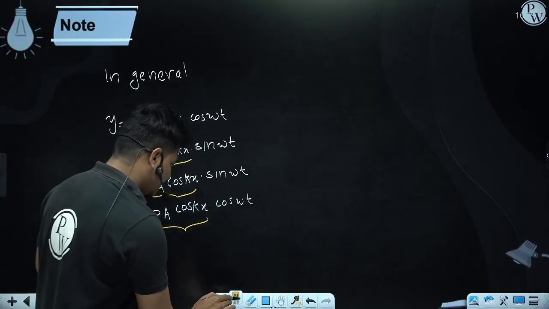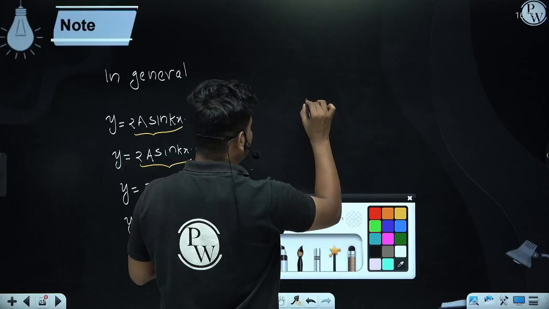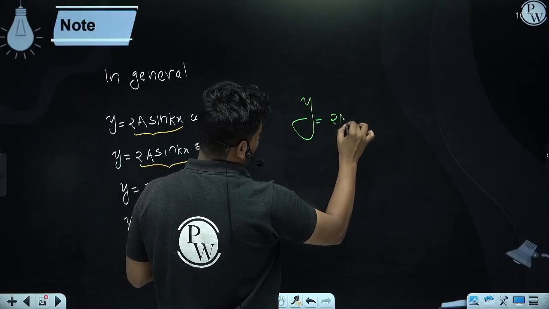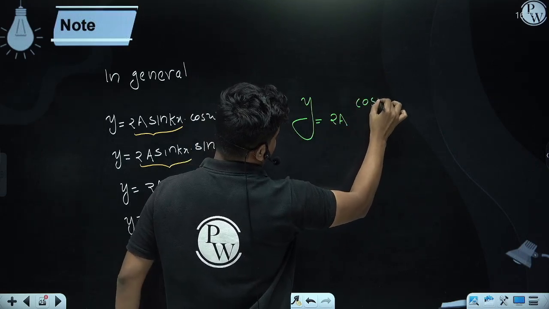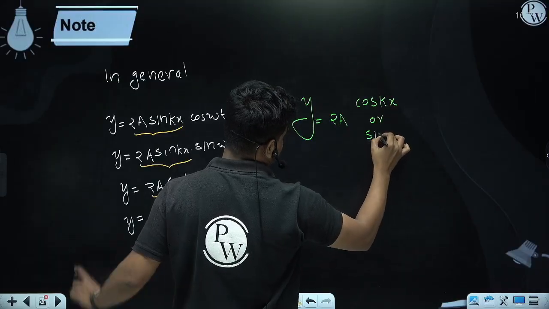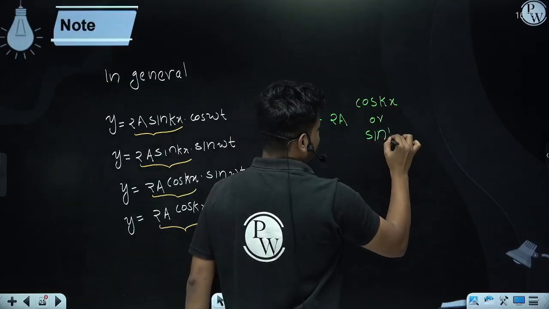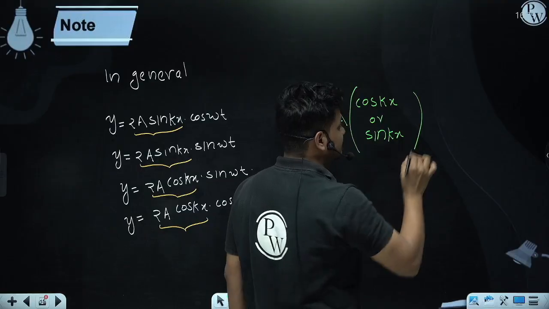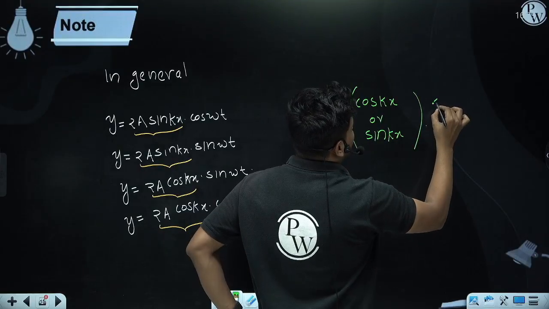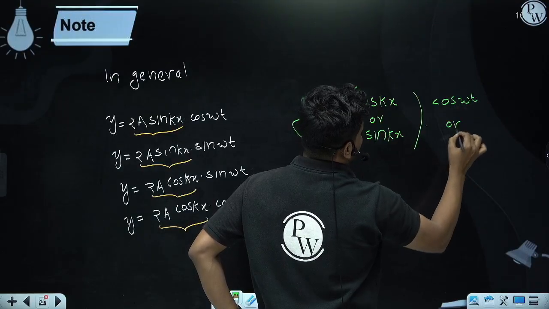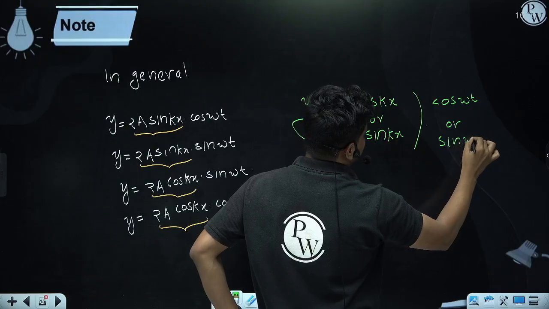So in general, students, this is important. If y is equal to 2a into cos kx or sin kx, into cos omega t or sin omega t, these are the possibilities.